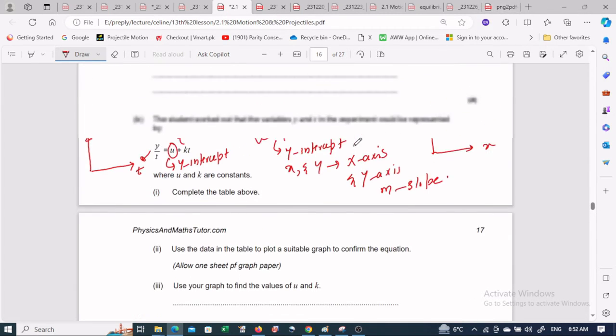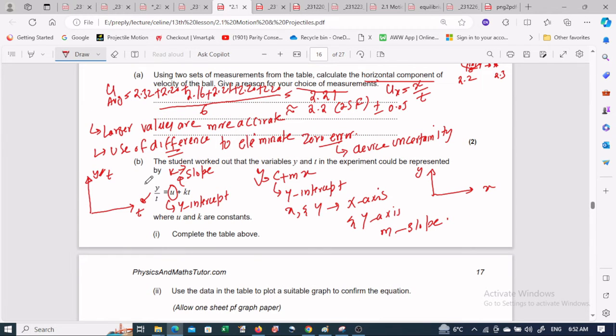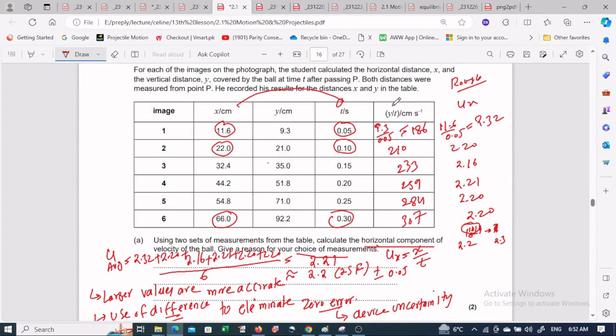Okay, so we have the table values. On the y-axis we have the value y over t, that is this column. On the horizontal axis we have the time, the x-axis is the time. So we have to draw the graph between these last two columns.